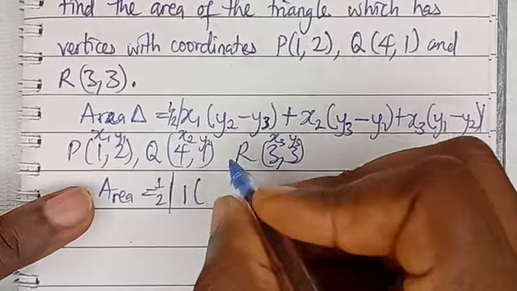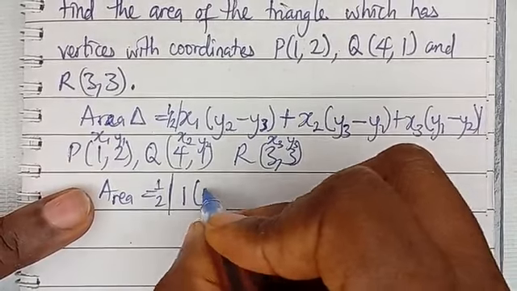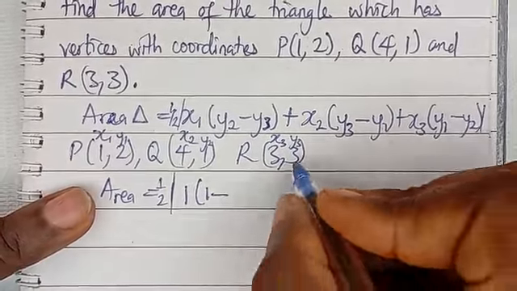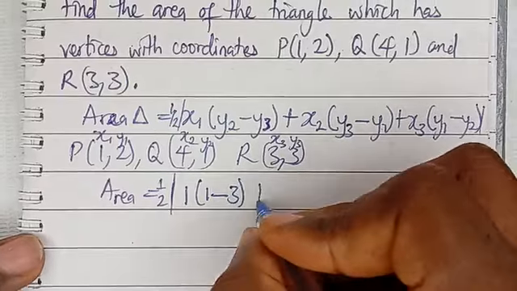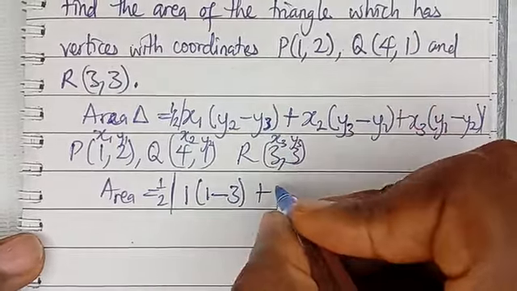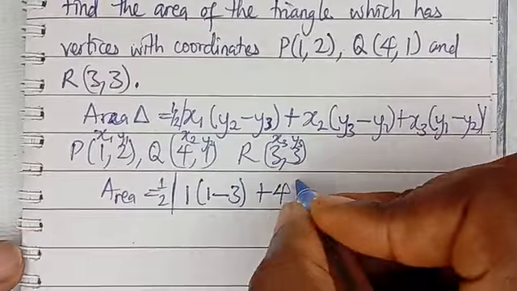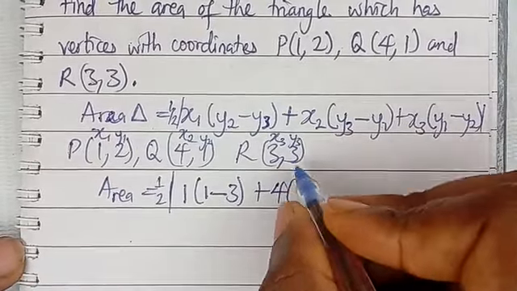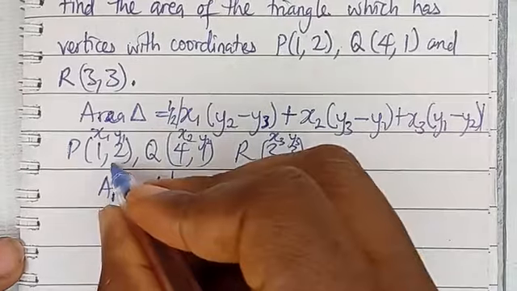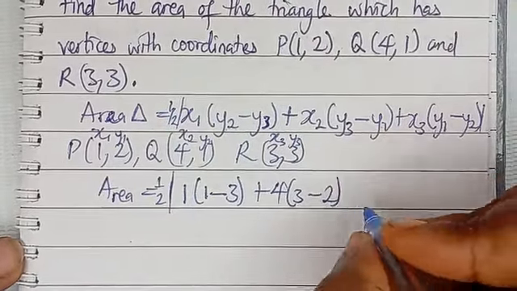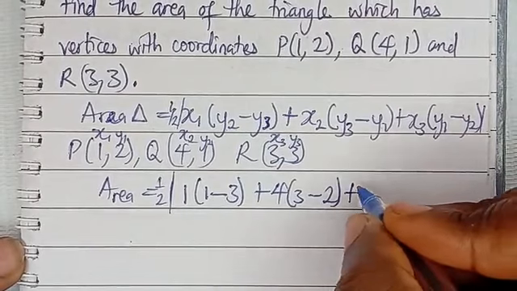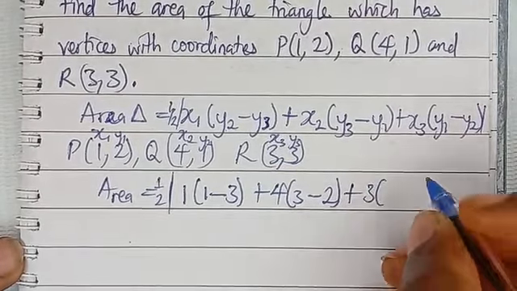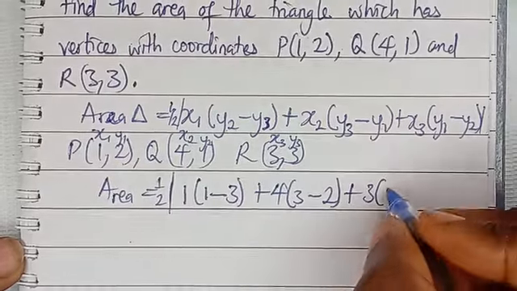right? y2 is 1. We bring down the minus, y3 is 3. And then we now have our plus, right? We now start with x2. x2 is 4. And then y3 is 3 minus y1, which is 2. We bring down the plus. We start with x3, which is 3. y1 is 2.